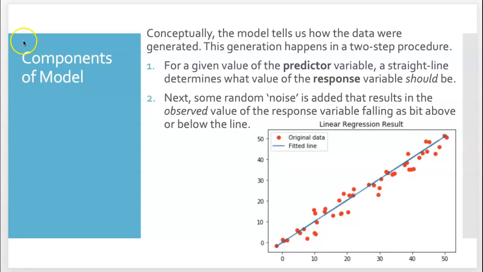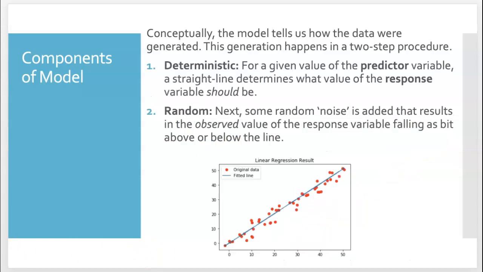So, but really, if we want to get from the blue line to the red dots, well, we need some randomness there, right? So we have some random noise added to that blue line, and what that results in is our observed value, okay, of the response variable. So usually these red dots are a little bit above or below.